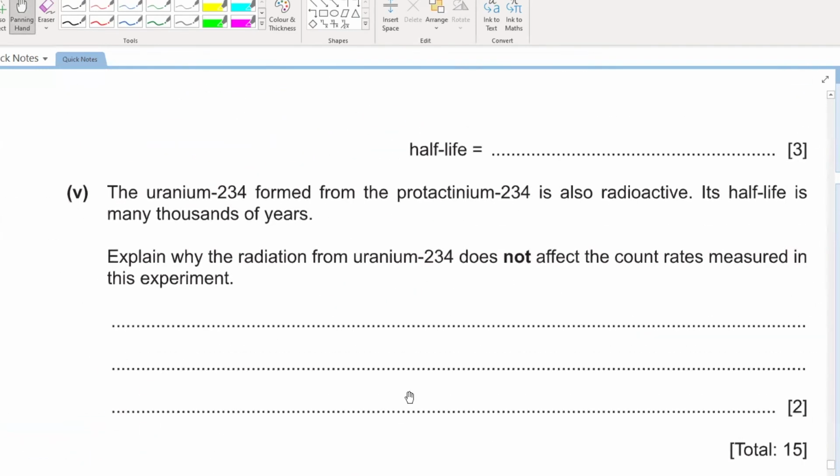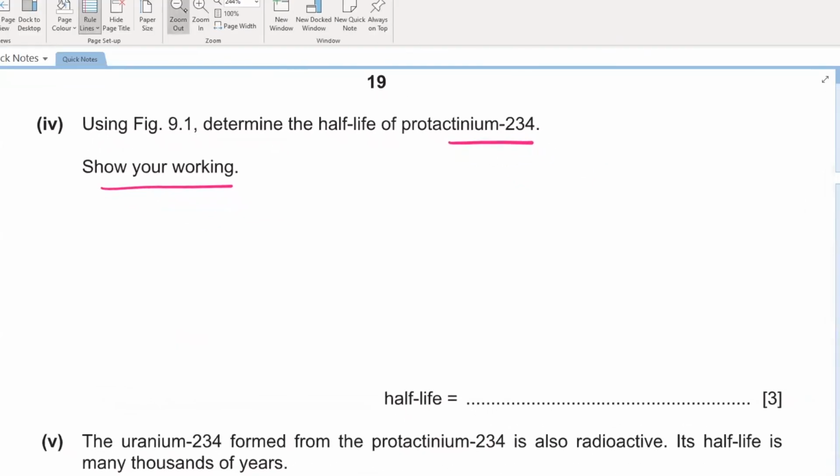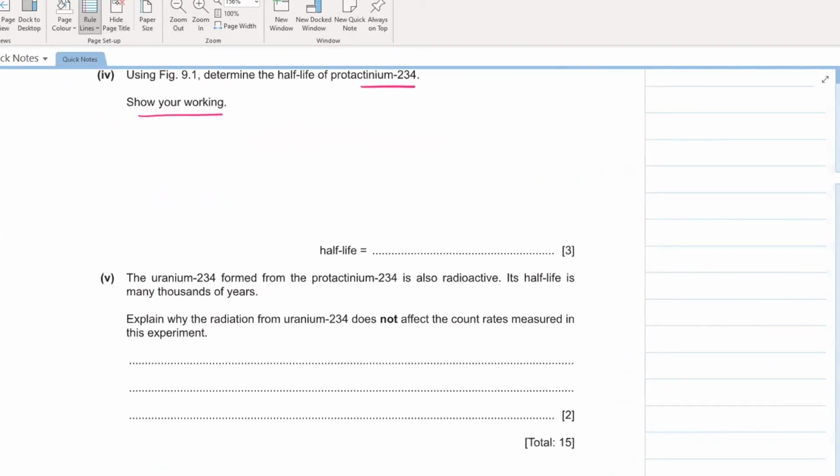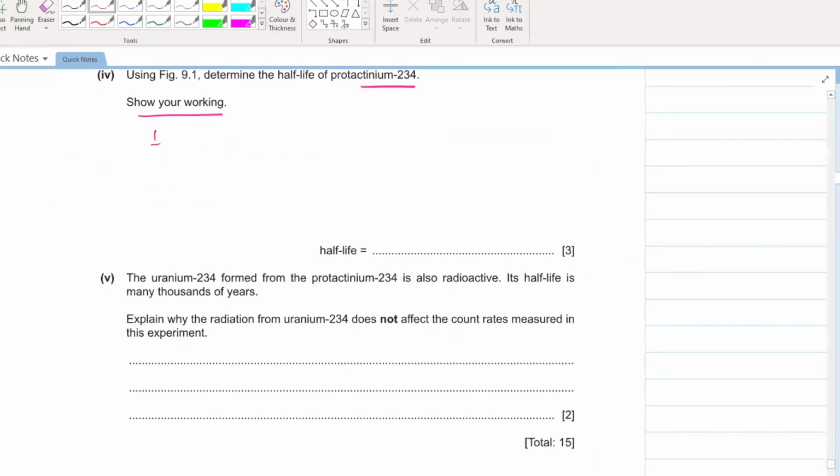How will you show your working? आप क्या कहोगे बेटा? What will you say? You will say initial count rate is equal to 58.